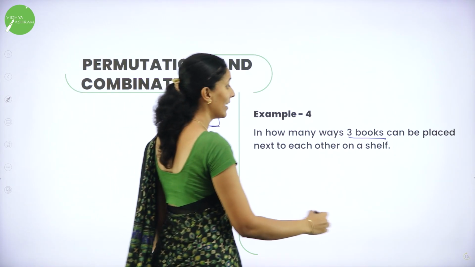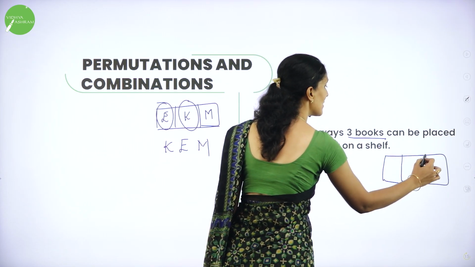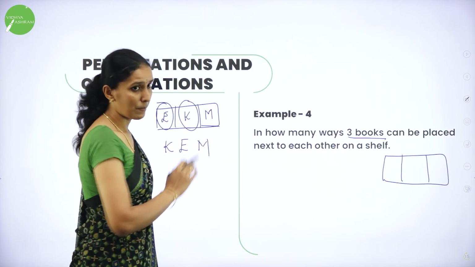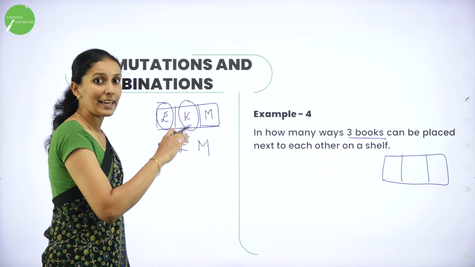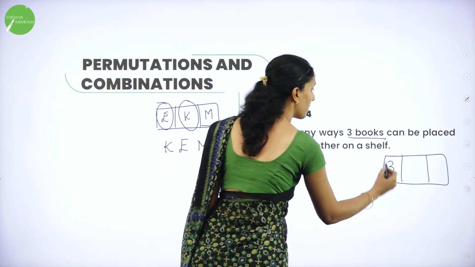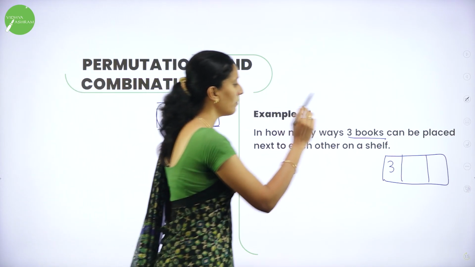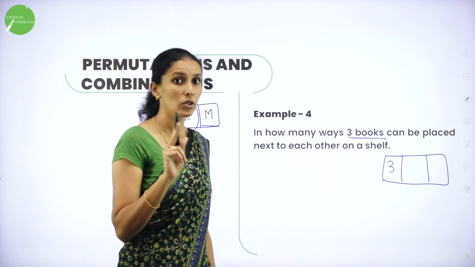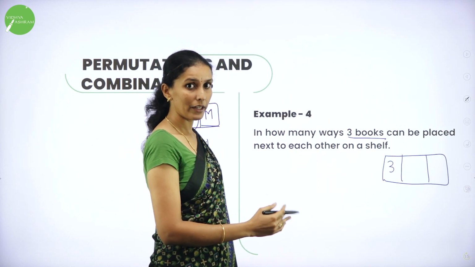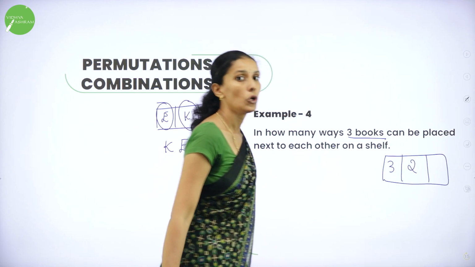So how do I write this in numerical form? We have three places here. If I take the first place, any of the three books can be filled, so I have three chances there. If one book is filled, I am left with only two books that I can fill in either the last one or the middle one. So the chances left in this place is 2.